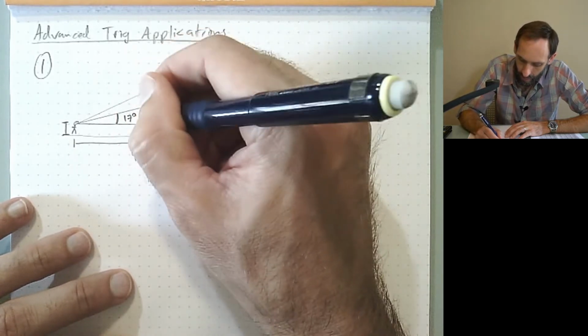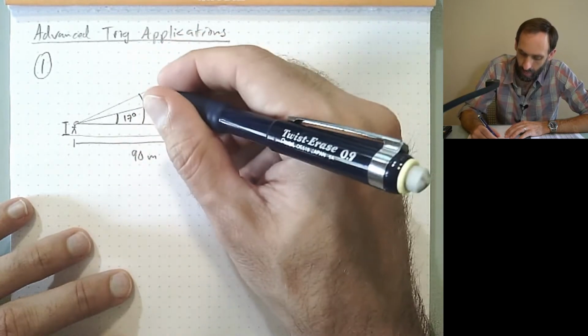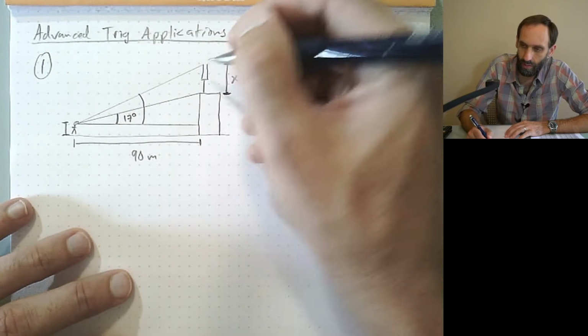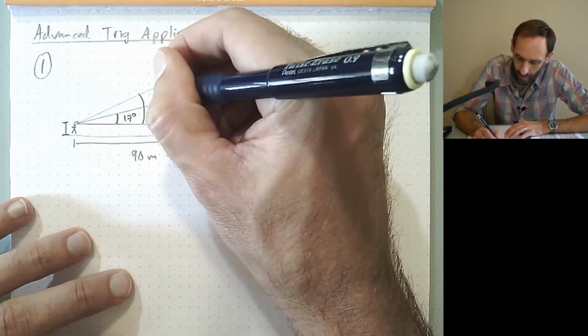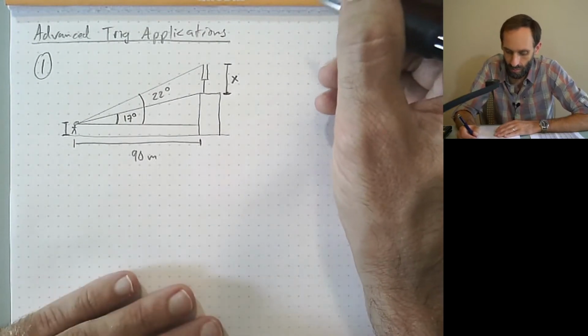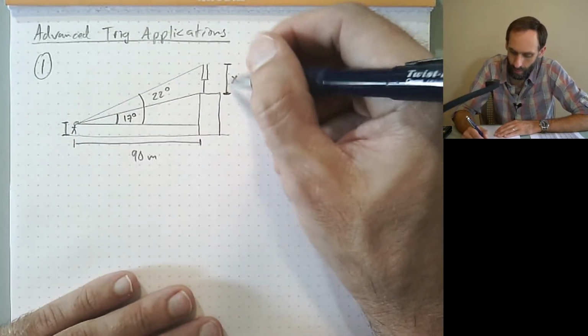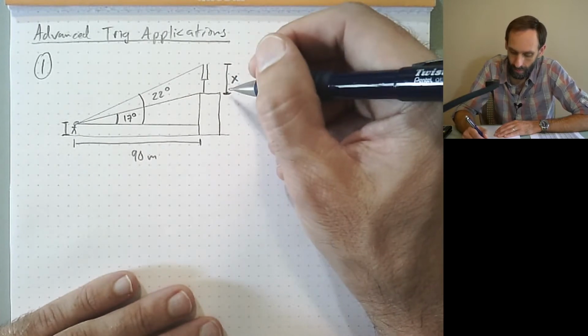But then we have this bigger angle of elevation, which includes this one but also the extra to the top of the antenna, and we'll say that was a 22-degree angle. As I said already, the goal is to find this height right here.